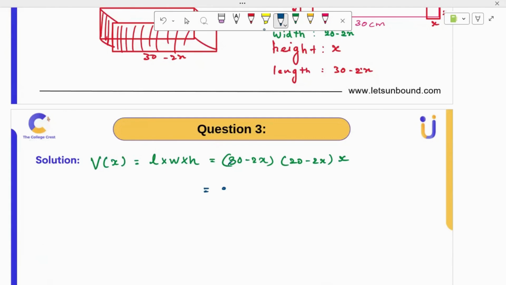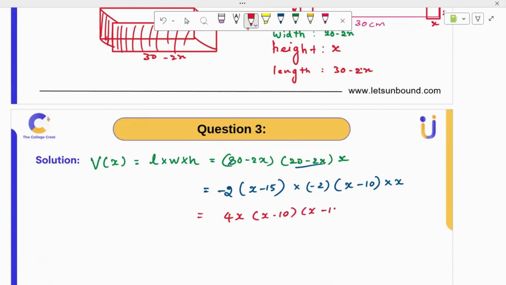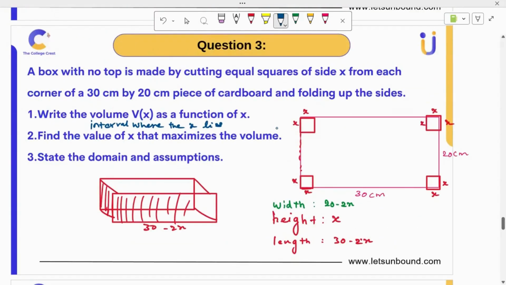Take negative 2 from this, you will get x minus 15. And here also you take negative 2 outside, x minus 10, and times x. So negative 2 times negative 2 is 4, giving 4x(x minus 10)(x minus 15). So we did the perfect factored form. This is the volume of x.